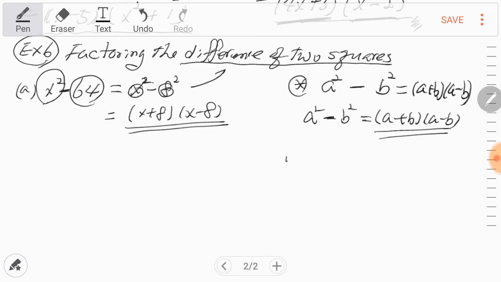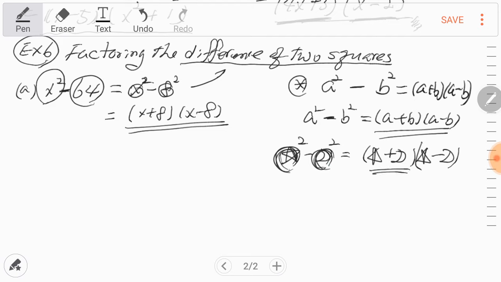So whenever we have something squared minus, let's say moon squared, then this is equal to star plus moon times parenthesis star minus moon. We don't have to worry about the expression of the star and the moon. Just put the whole star and the whole moon as a product. So star plus moon times star minus moon.